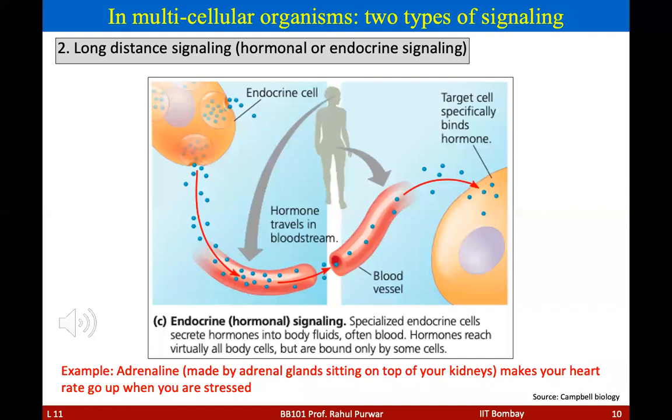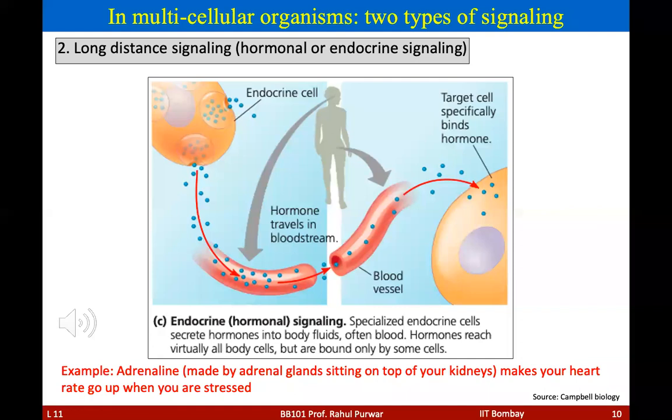So there are specialized endocrine cells. They secrete hormones into the body fluid, often the blood, and hormones reach virtually all body cells, but are bound only by some cells which have the receptor for this particular hormone.